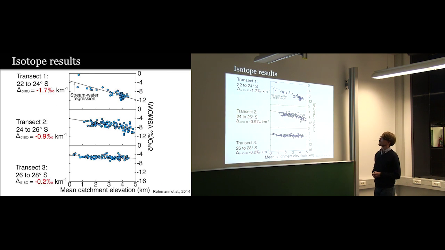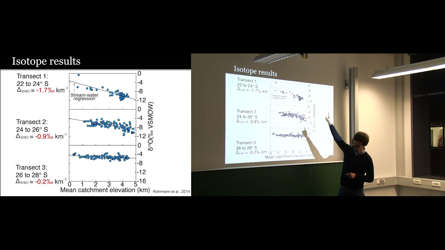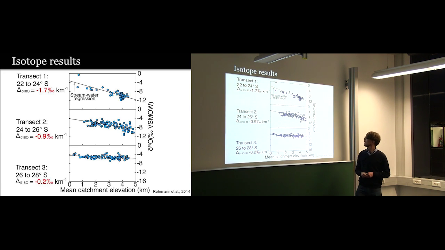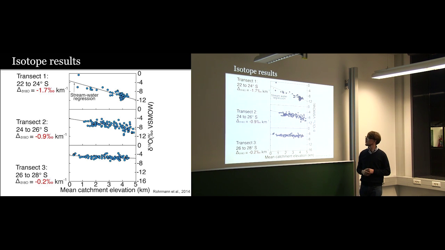In our transect 1 in the north, on the x-axis is mean catchment elevation, and on the y-axis is delta 18O. Here in the north, you see some correlation between mean catchment elevation and delta 18O.